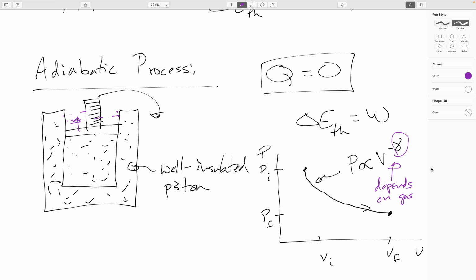So this falls off more rapidly than isothermal, which makes sense. Because in this example here, the isotherm that goes through our initial point would look, say, maybe something like this.